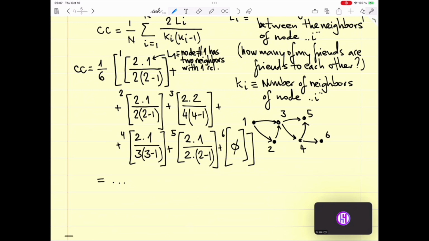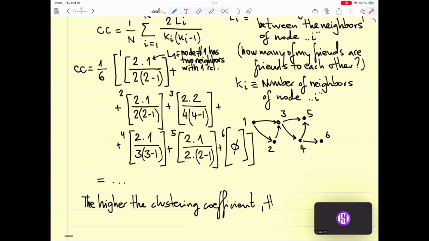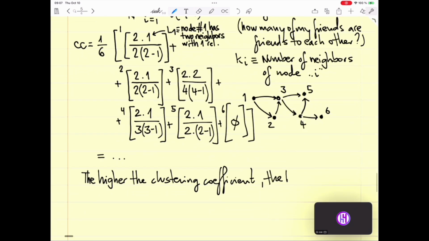The higher the clustering coefficient, the better the communication between the elements of the network.